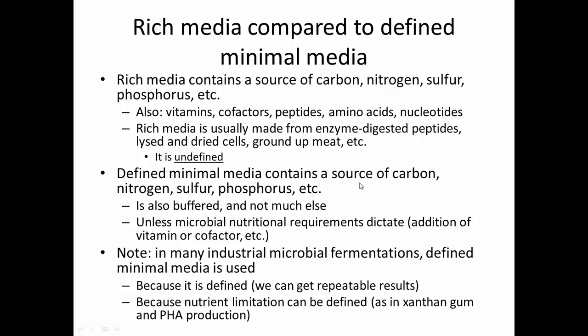Defined minimal media is media that we make for bacteria to grow that contains certain amounts of things that we add individually. So it contains all these things like carbon, nitrogen, sulfur, phosphorus, etc. It is also buffered, so it can withstand pH changes, which means that bacteria can grow to a higher level, to a greater density, because their waste products are being buffered, so they're not going to die of acidification.